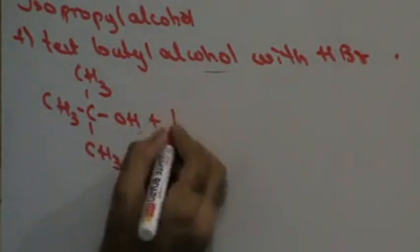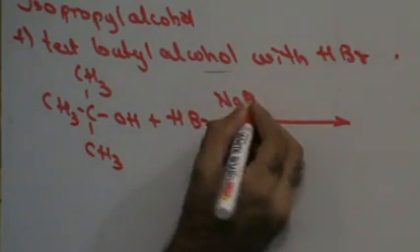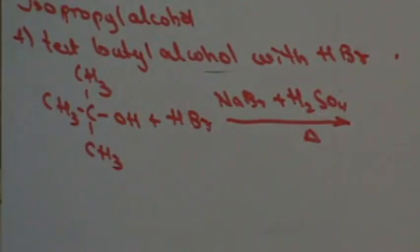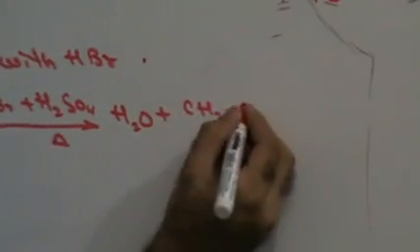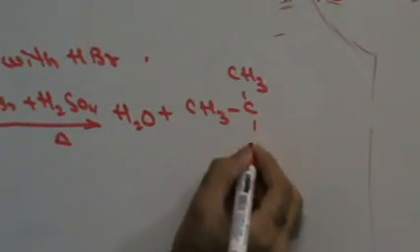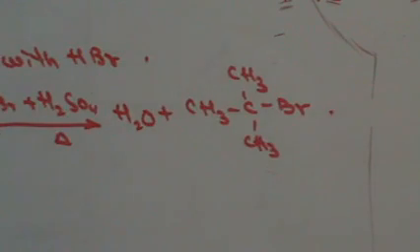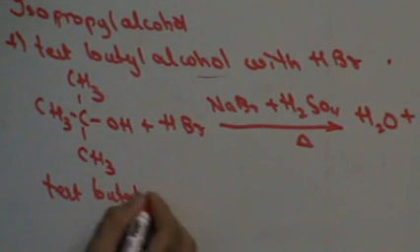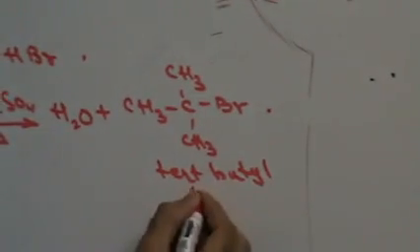Tertiary butyl alcohol reacts with hydrogen bromide in the presence of sodium bromide and sulfuric acid. Heat, right? Dehydration, water is out. That leaves you with CH3C(CH3)2Br. Right? This is tertiary butyl alcohol. This will give you tertiary butyl bromide.